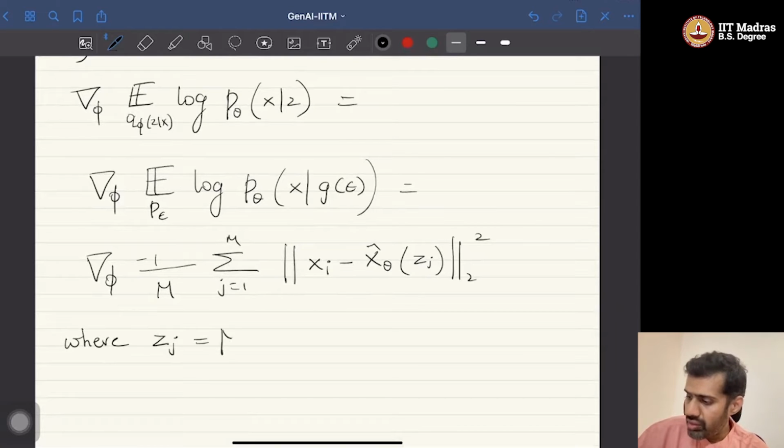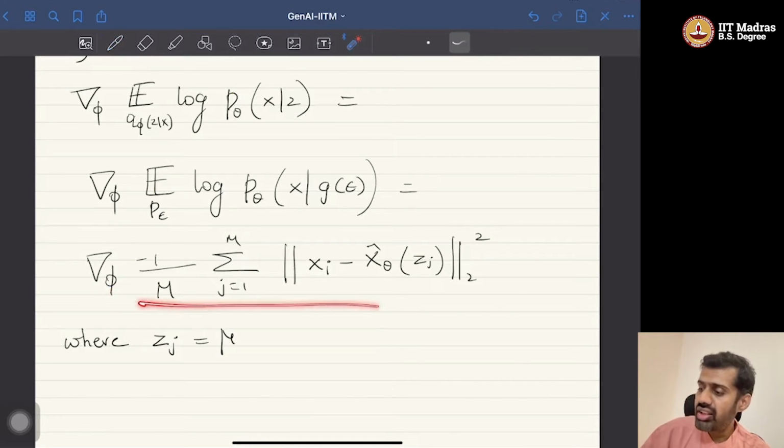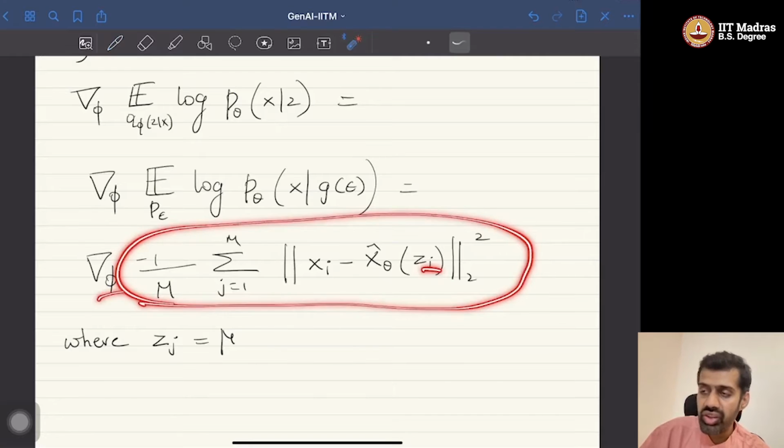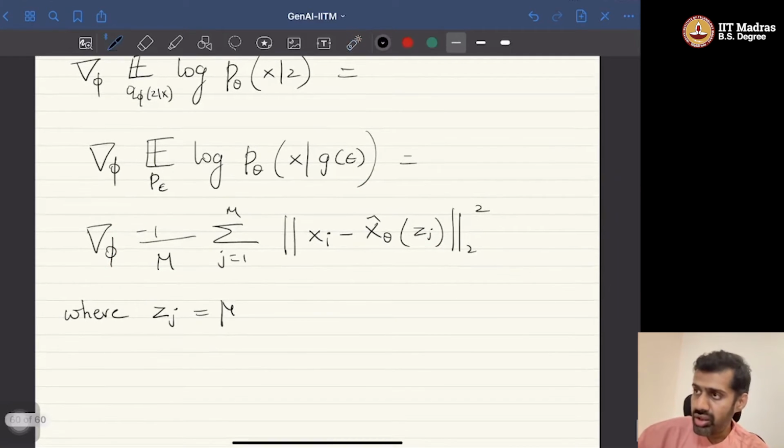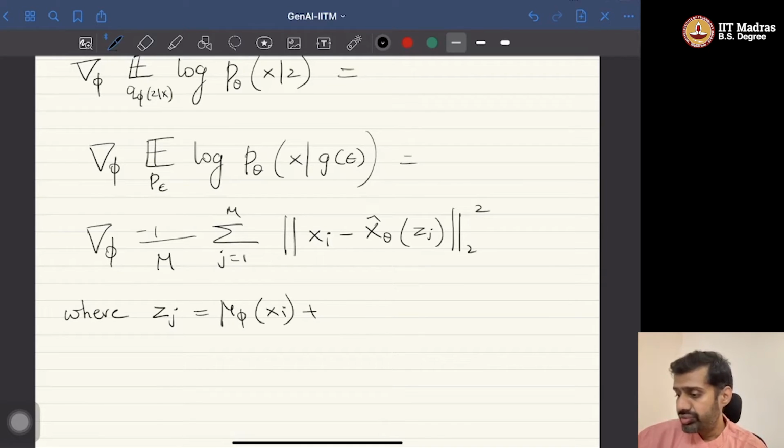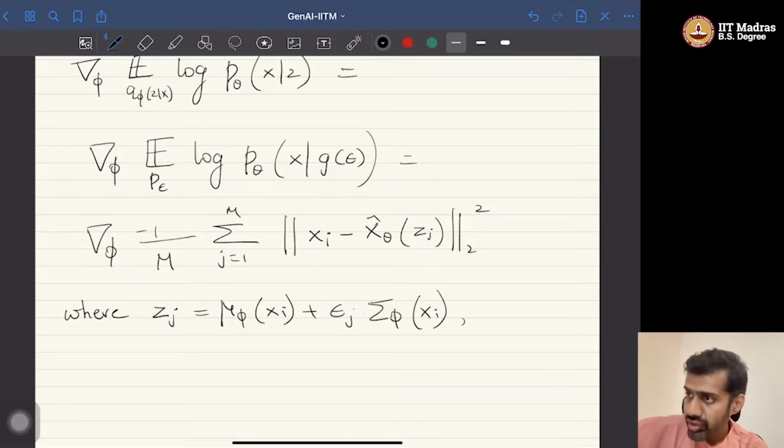One might look at this and think, we are seeking the gradient with respect to phi, but this entire thing does not seem to have any dependence on phi. But it does have dependence on phi through the reparameterization, because the zj term is mu phi of xi plus epsilon j times sigma phi of xi, where epsilon 1 through epsilon m are all samples from normal 0 1.